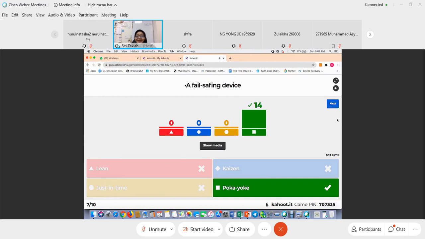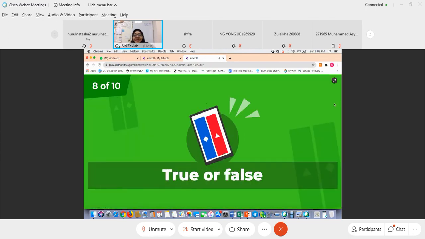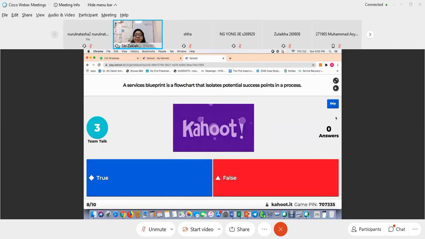Okay. Kalau ada orang salah yang ni, I don't know what to say. Okay, good. A service blueprint is a flowchart that isolates potential success points.